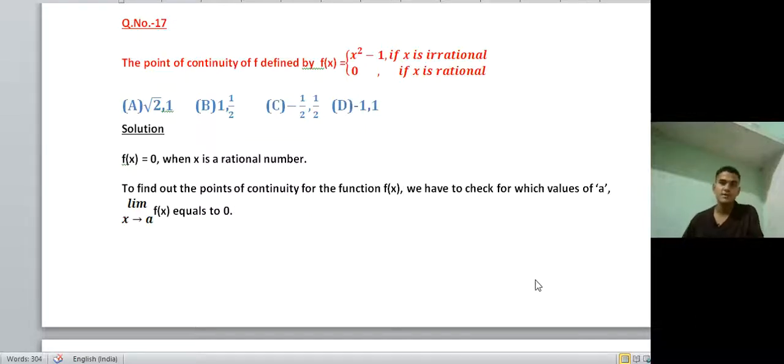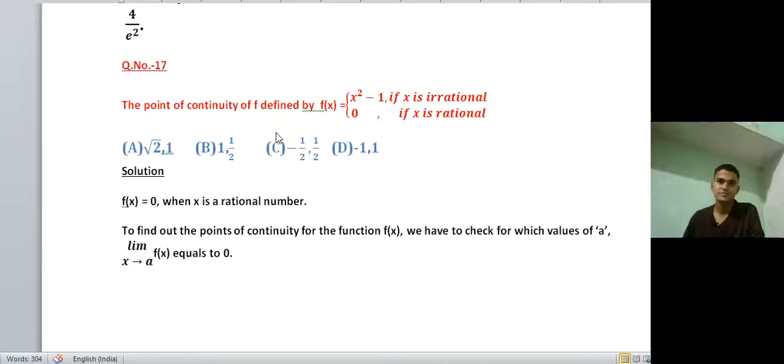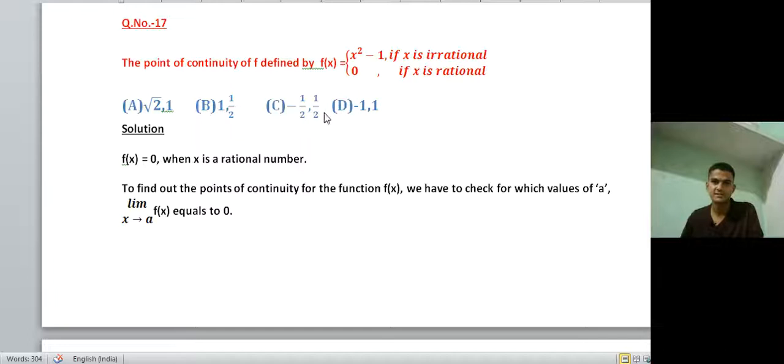We can say if the functional value of a function at a point a is equal to the limiting value of that function at that point a, then we can say the function is continuous at the point a. So please see the options. So this is root 2 and 1, this is 1 and 1 by 2, this is minus 1 by 2 and 1 by 2, this is minus 1 and 1.